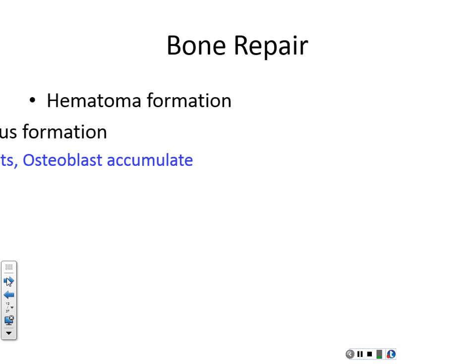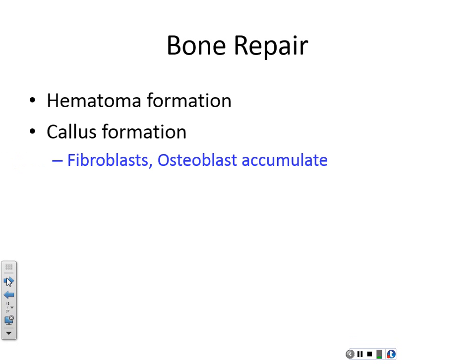Okay, and then after that, when you have stopped the bleeding and you've got a hematoma there, then you want to form granulation tissue now. You form callus. Okay, the granulation tissue will be those cells again that are going to make the new matrix repair, like fibroblasts, osteoblasts, and so forth.